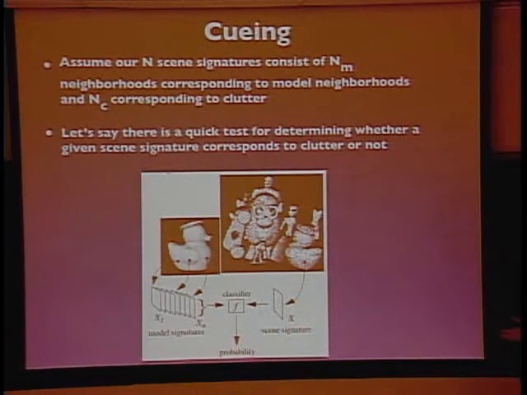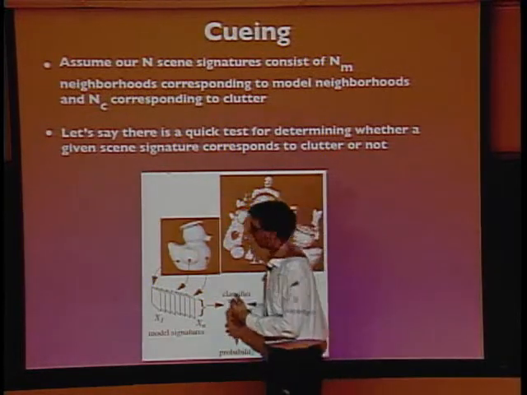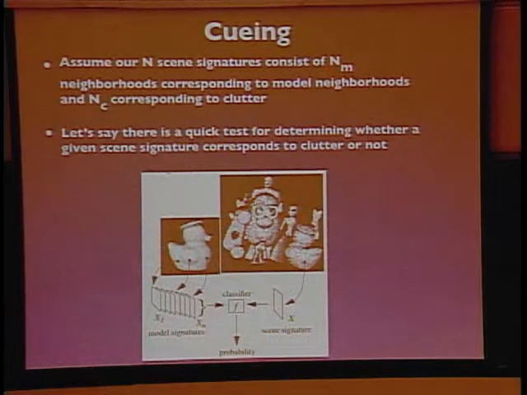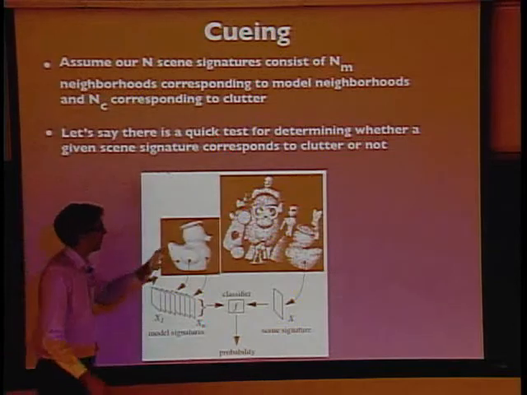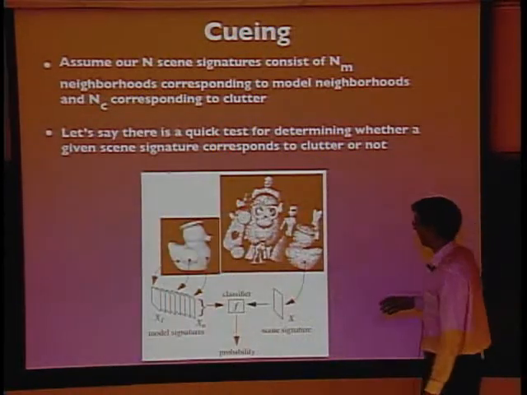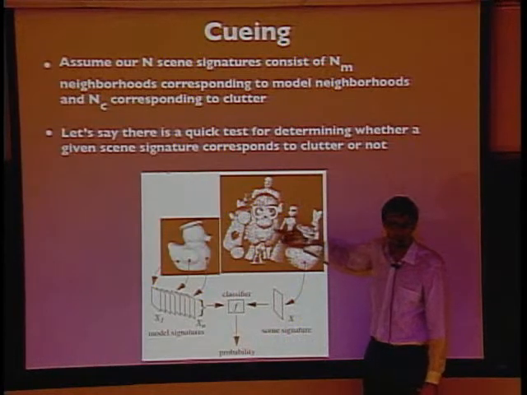So you can build a classifier that tries to discriminate object signatures from scene signatures that do not correspond to your object. And the key thing is that this better be a pretty fast classifier to evaluate in practice, because you want to take a scene that is huge and has, say, 1 million points in it, and very quickly say, yes, no, yes, no, yes, yes, no, no, no.